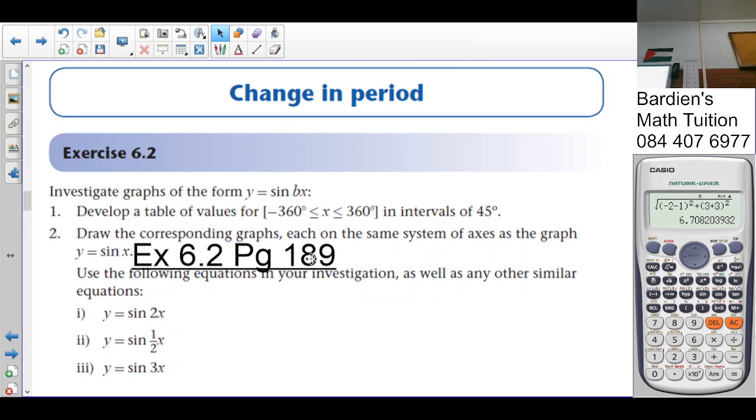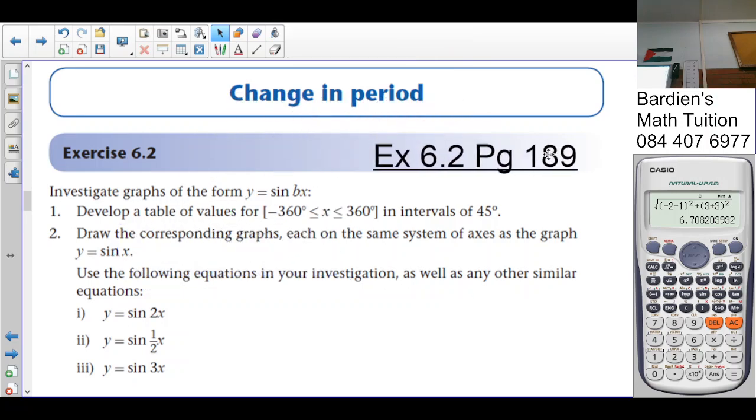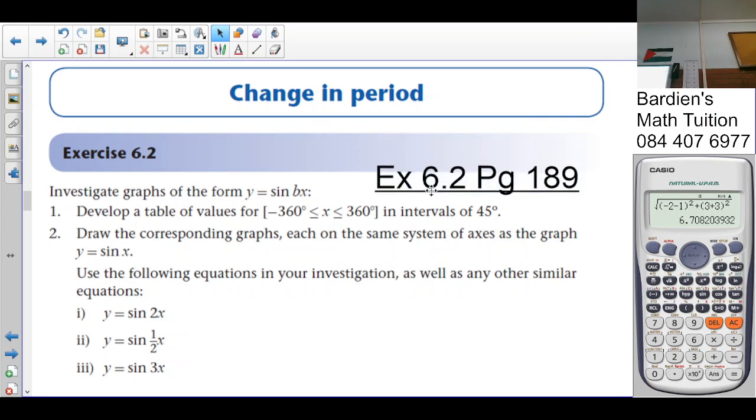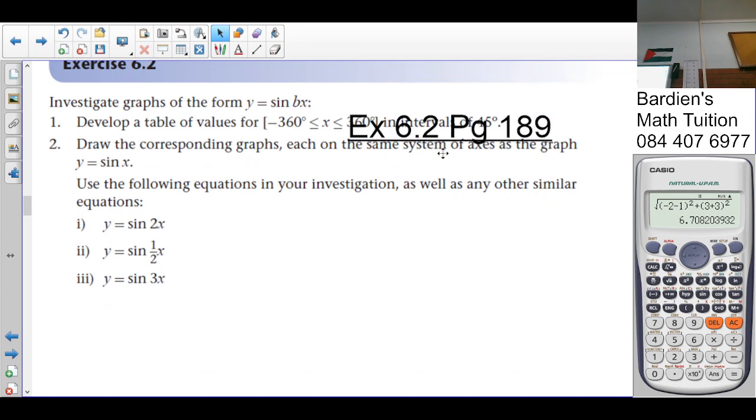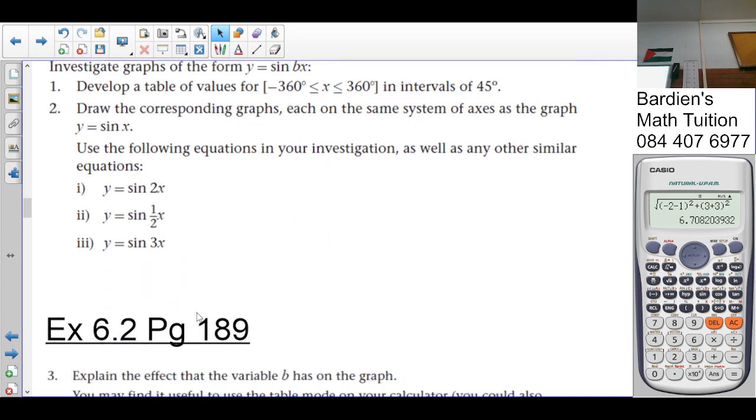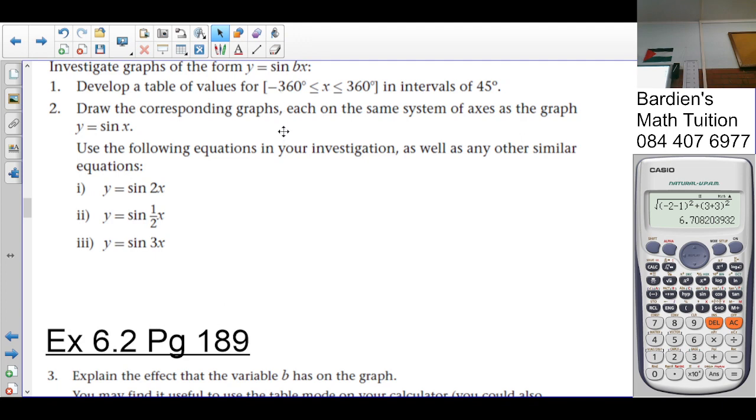Nobody's confused yet, no? Let me know when you get confused. So we're looking at change in period. So investigate the graphs of the following. You have to develop a table in the intervals of 45. But that I showed you how to do, no? You're going to use a calculator here.